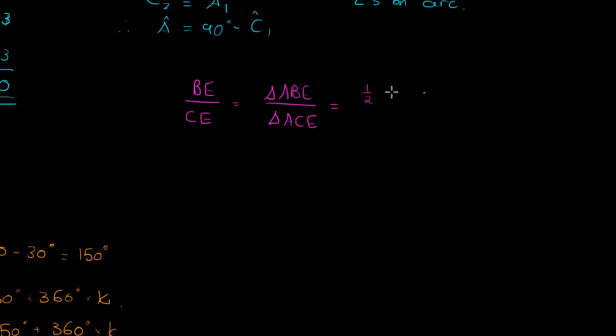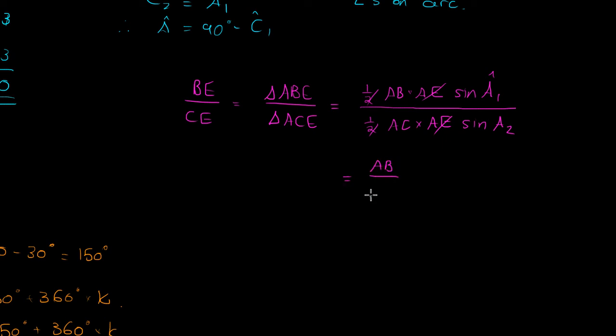So this is a half times side length AB times AE sine A1, divided by half, and this time AC times AE sine A2. This is going to cancel, that is going to cancel, so we're left with AB over AC times sine of A1 over sine of A2.